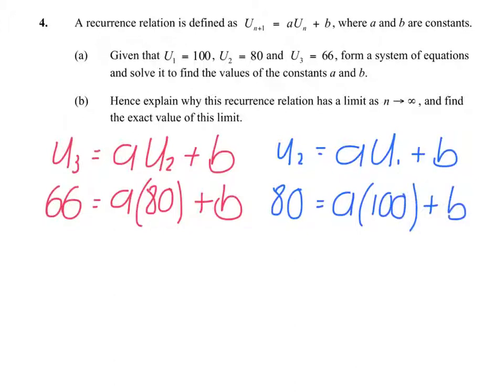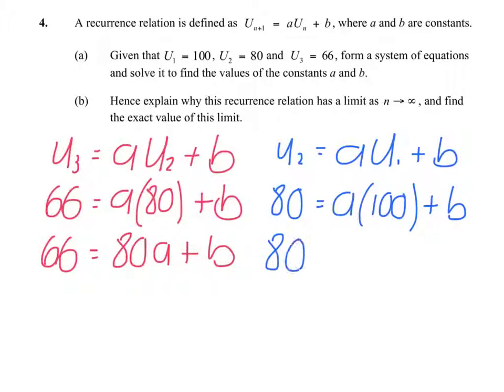plus b. So simplifying what we have here, we have 66 equals 80a plus b. And on the other one, we have 80 equals 100a plus b. We want to solve for a and b.